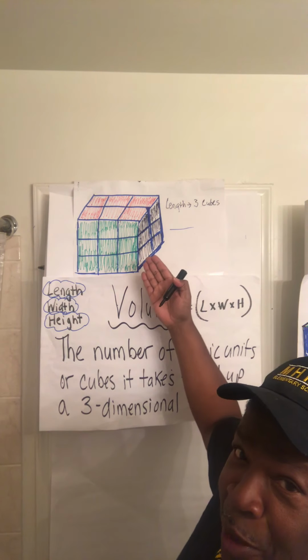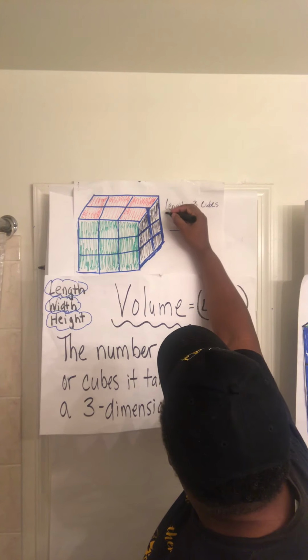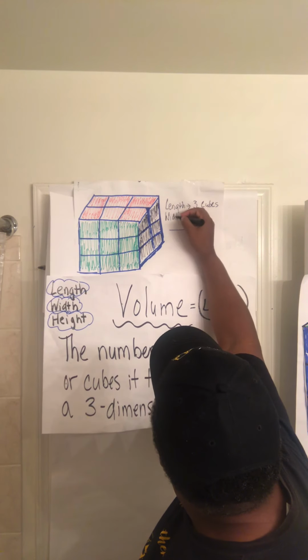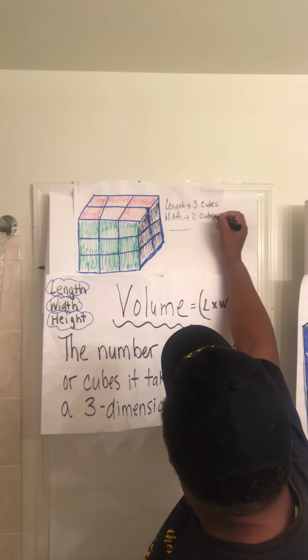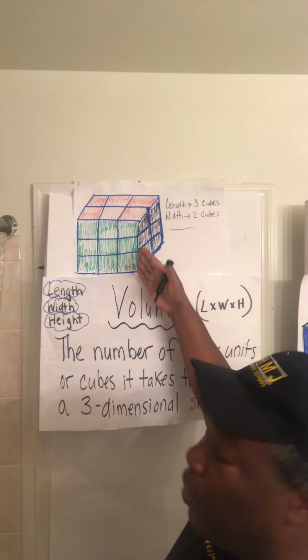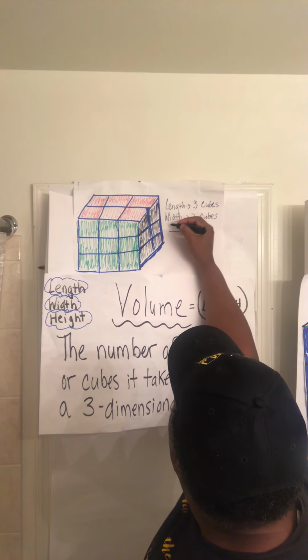This rectangular prism has a width of 2 units or 2 cubes. And this rectangular prism has a height of 3 units or 3 cubes.